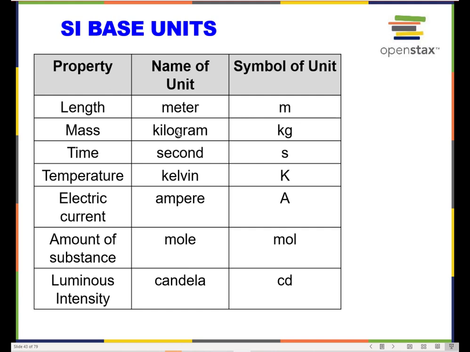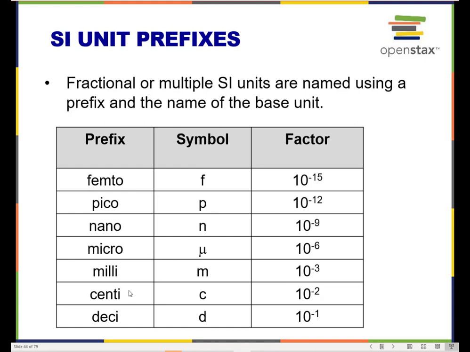I can have a second or a millisecond or a microsecond or a nanosecond. I can have a Kelvin or a millikelvin or a microkelvin. So all of these prefixes are interchangeable. They can fit in front of any of those units. And whenever they go in front of a unit, they always apply this factor to make it smaller. In this case, all of these prefixes are making them smaller.